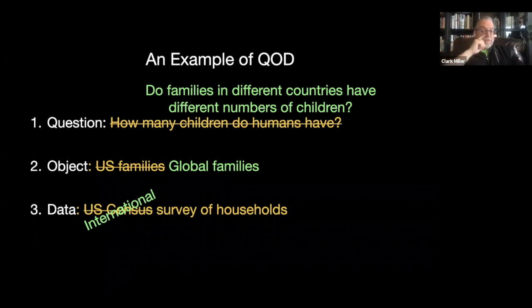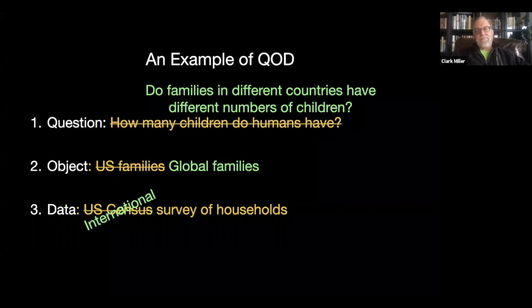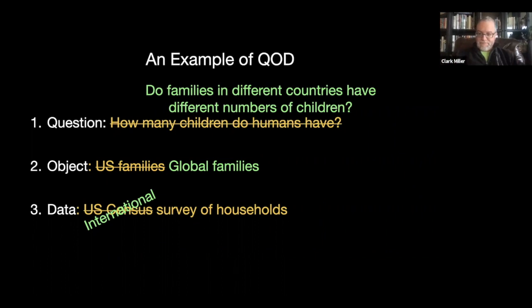But if we do that international survey of households, that actually allows us not only to ask our original question, how many children do humans have, we could get an average for all humans on the planet, all households on the planet, by doing this international survey, assuming we can get a representative sample of households surveyed from different parts of the globe. But that would also allow us to ask a question: do families in different countries have different numbers of children?